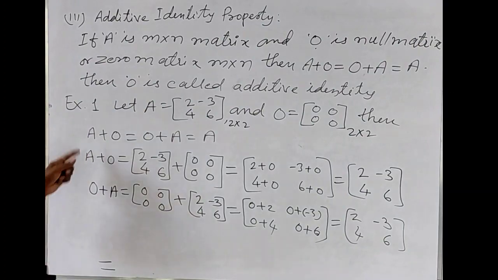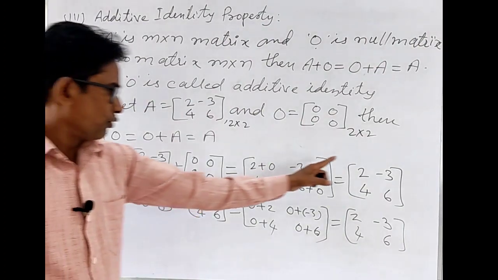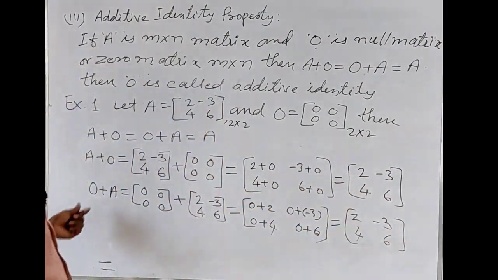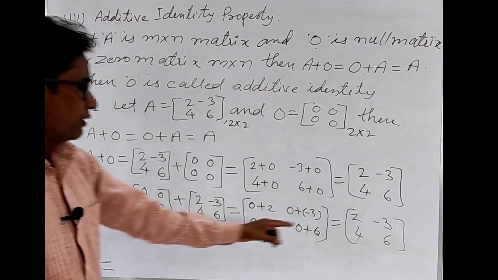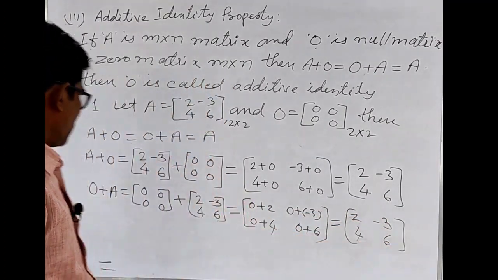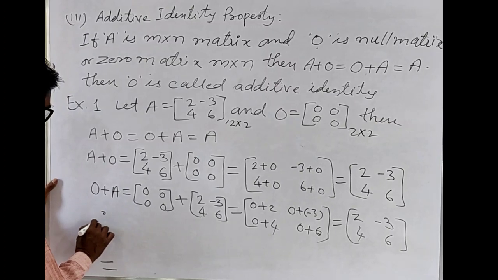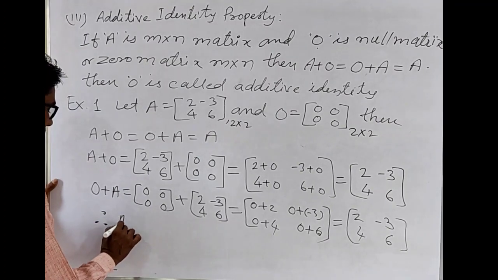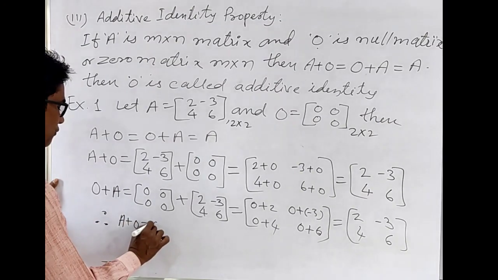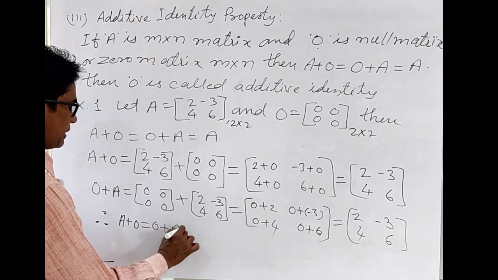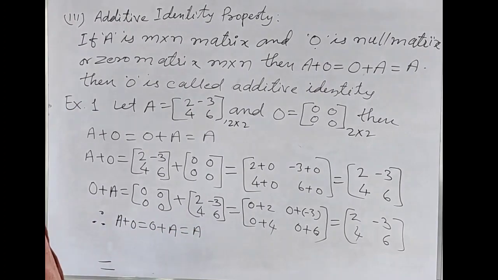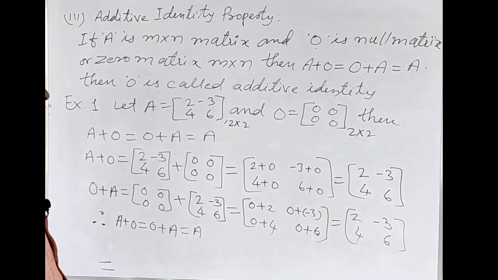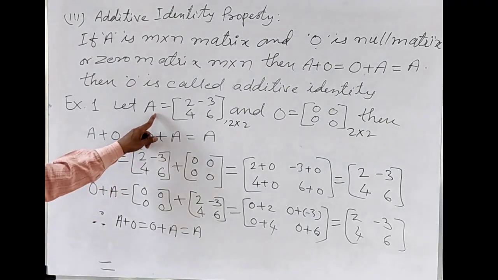Therefore what is A plus O? A plus O is 2 minus 3 4 6. Similarly O plus A is 2 minus 3 4 6. Therefore A plus O is equal to O plus A is equal to A. So 2 minus 3 4 6 are the elements of A matrix.